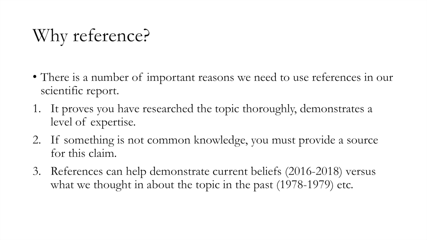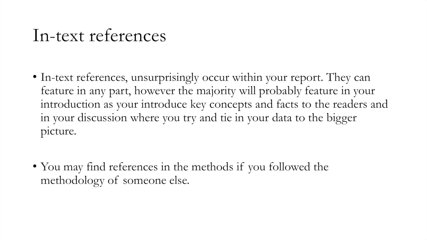So references can help demonstrate current beliefs and also contextualize how we're approaching a subject. If we put in some older references, what we knew then and what we know now. So hopefully you're getting the idea that references are very, very important. That's why we have them in a scientific paper.